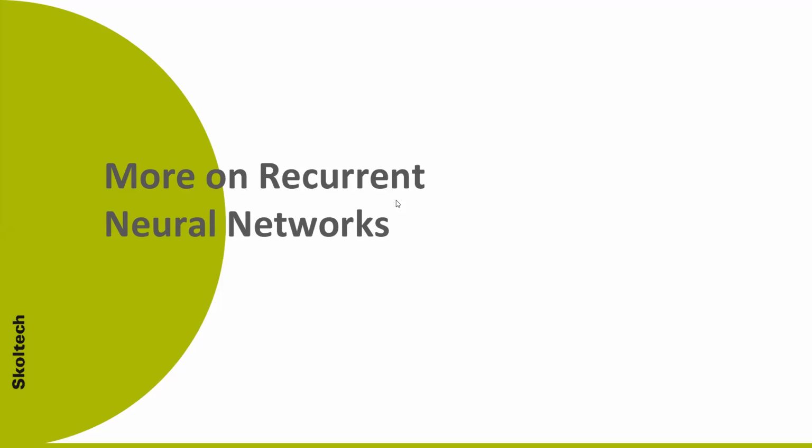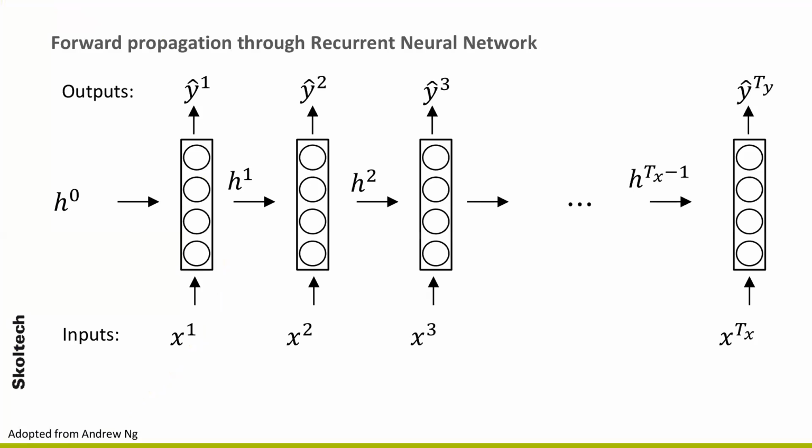So let's go on and see what else we can do with recurrent neural networks. Okay, let's start with forward propagation. As we have these formulas inside each block, we can easily produce the output we want. We can say that we have a single output at each time moment, or a single output only at the last moment.